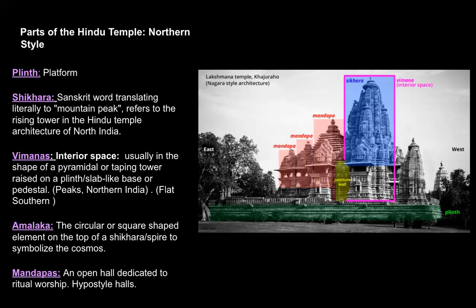Then it has the largest, the Sikhara, which is the largest of the mountain peaks. That one is where the axis mundi goes through the top of it, and underneath of it is where the image of the god is located. Then it also has several mandapas, these smaller peaks that lead up to the top of it.